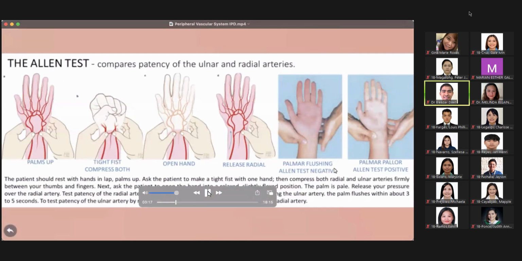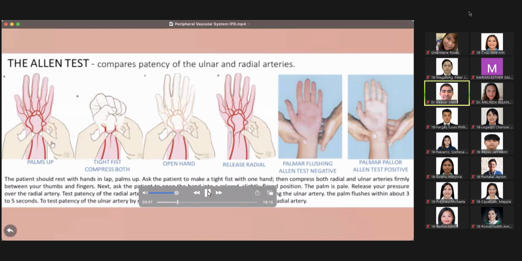If you want to know the patency of either the ulnar or radial artery, you should perform the Allen's test. This one is for the test of the radial artery. This one is for the ulnar artery.